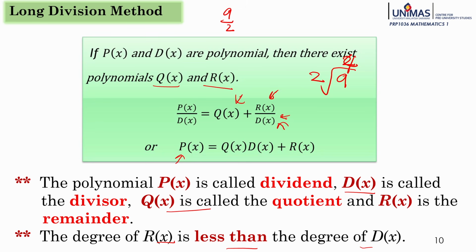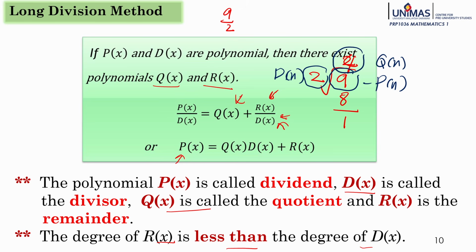So we get 8, and then we have remainder 1. So when we compare, 9 here is p(x), 2 here is d(x), 4 here is q(x), and 1 here is r(x), the remainder.